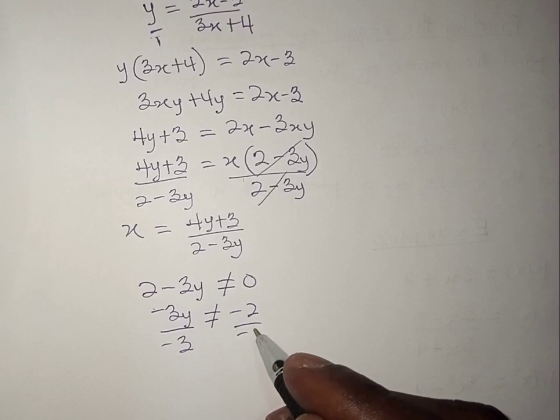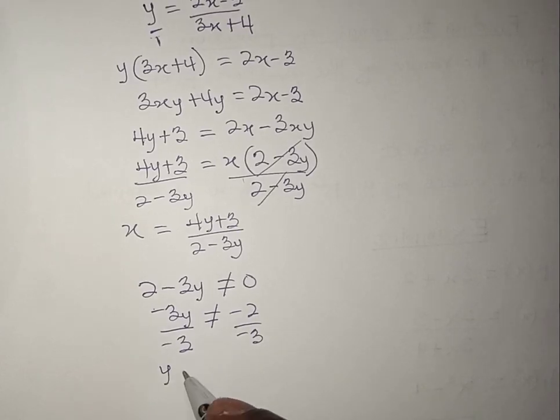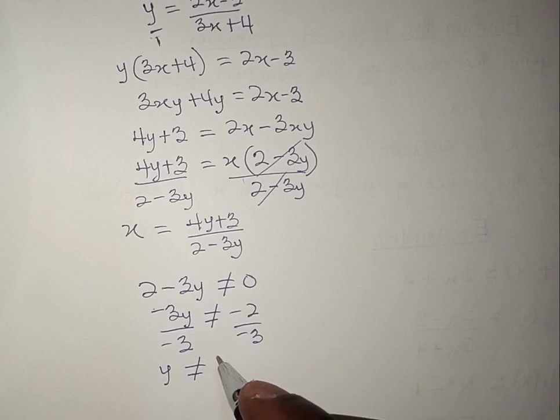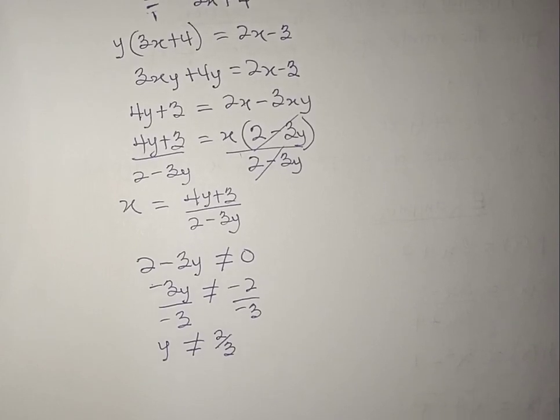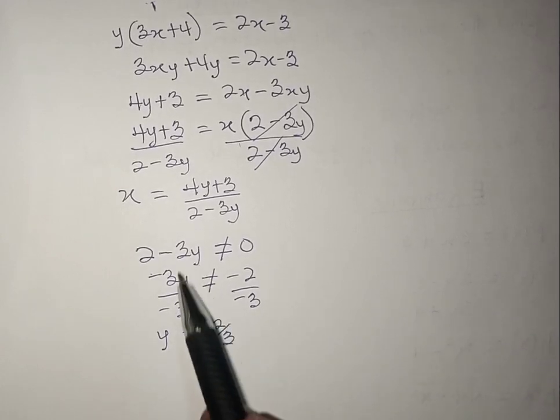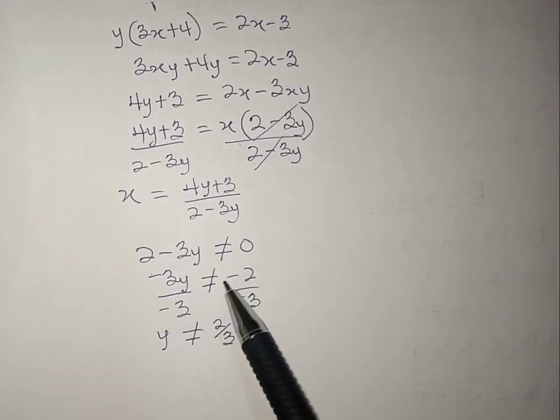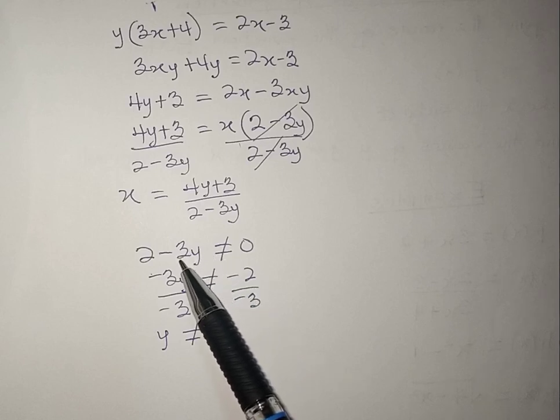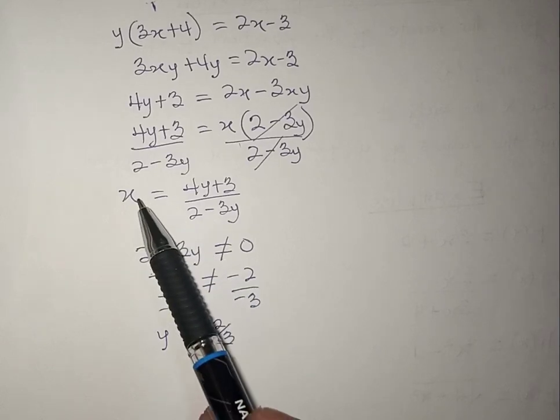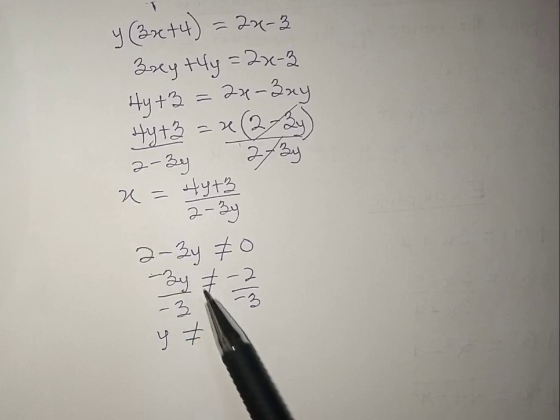My y then shouldn't be equal to 2 on 3. Good. So this means that to find the range of this, every real number can make x defined except 2 on 3.